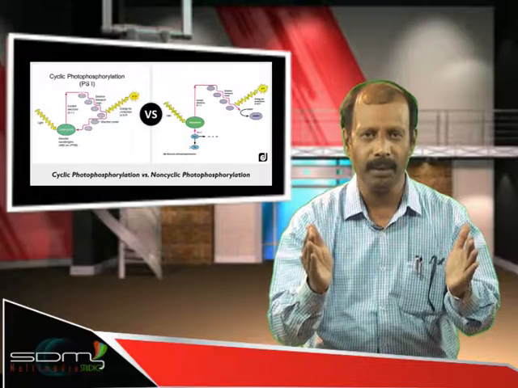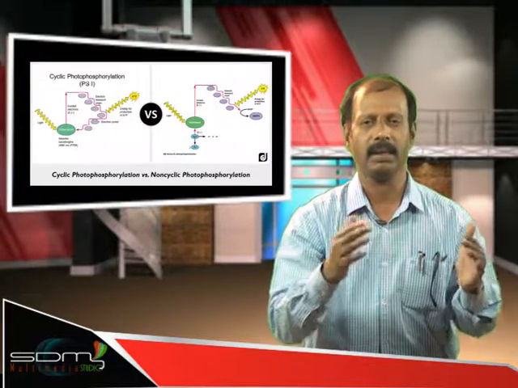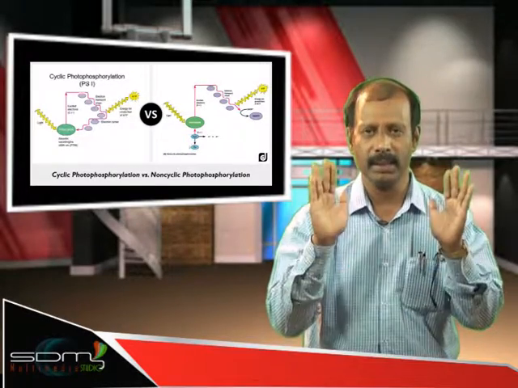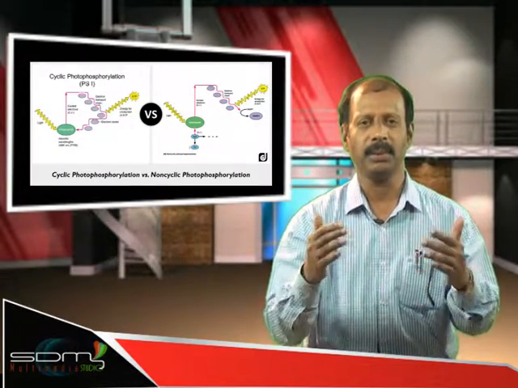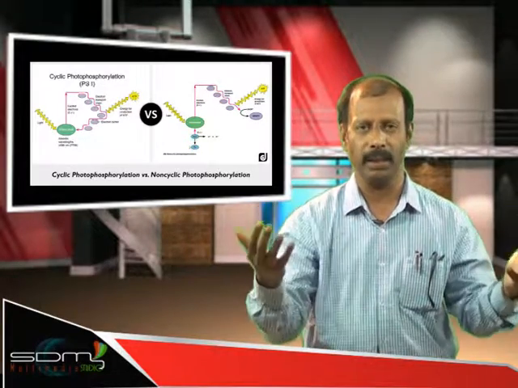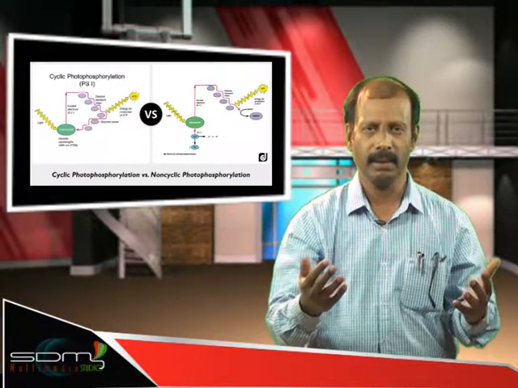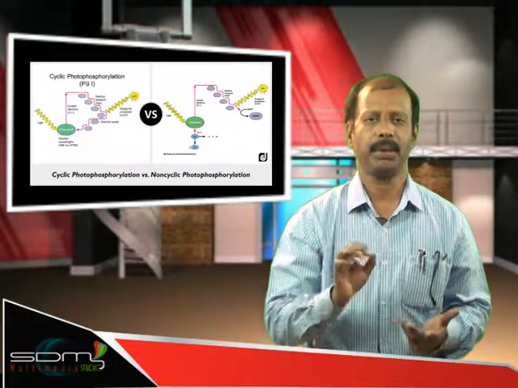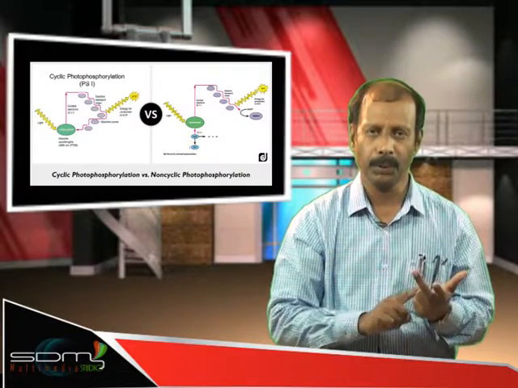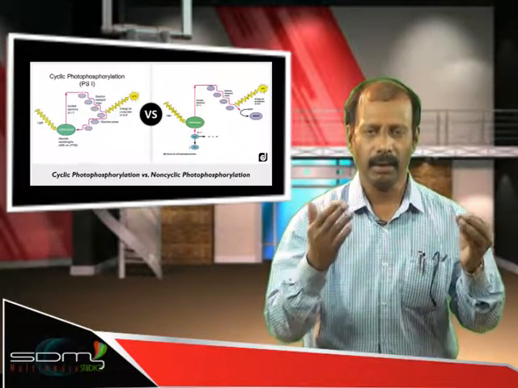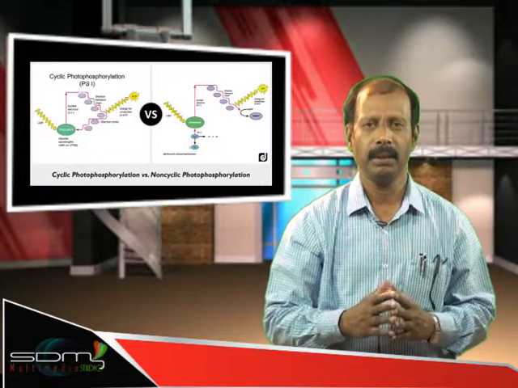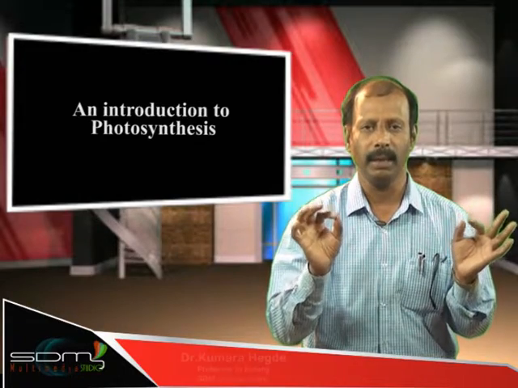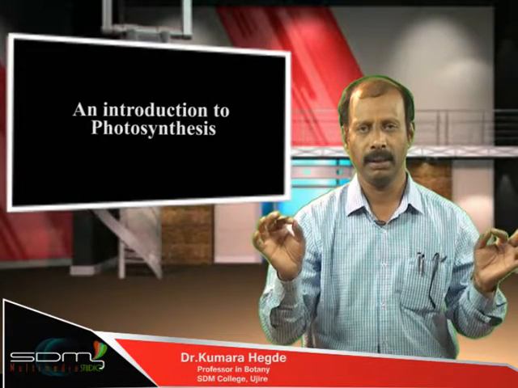Formation of ATP from ADP is called phosphorylation, and since the phosphorylation takes place in the presence of light, it is known as photophosphorylation. Hence, during light reactions, we can see absorption of the light energy, photoexcitation, electron transport, phosphorylation, and also the formation of NADPH.